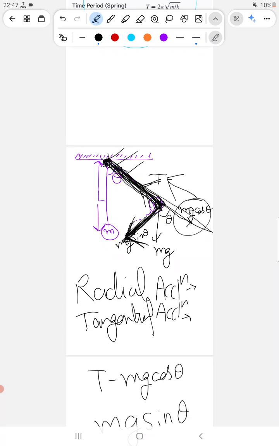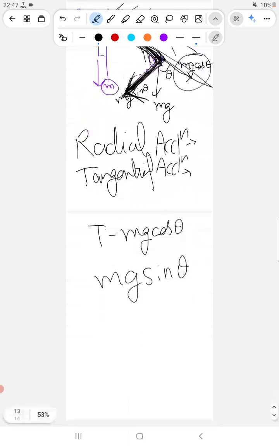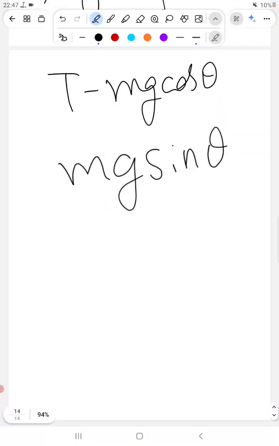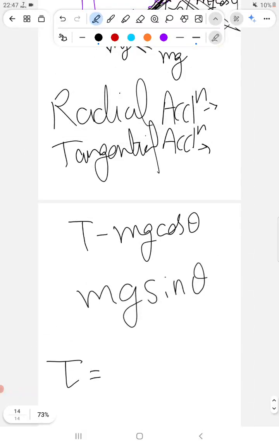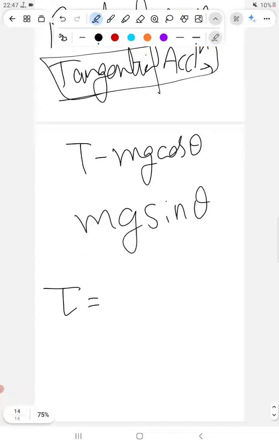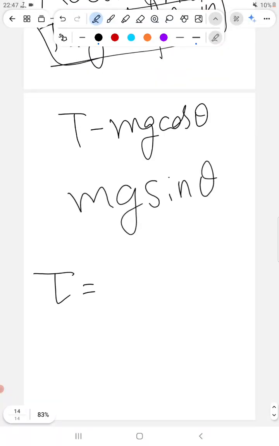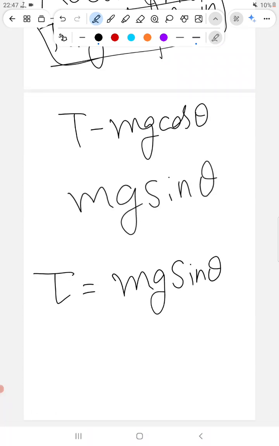Okay, and the force is my mg sin theta. So I am finding out the torque due to the tangential force, which is force into force arm: mg sin theta into force arm, which is the length of the string L. I am taking here minus, because the torque has a tendency to bring it back to the original position.